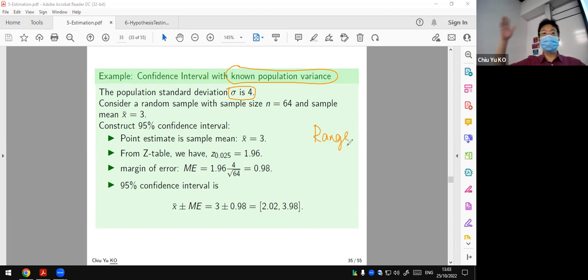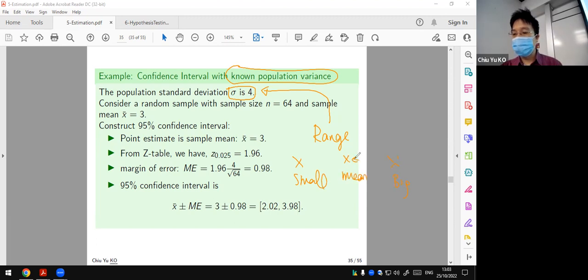The range would tell you, using some formula which we will not cover in this class, a good guess on the variance, because the range tells you the biggest and smallest, and the mean is in the middle.